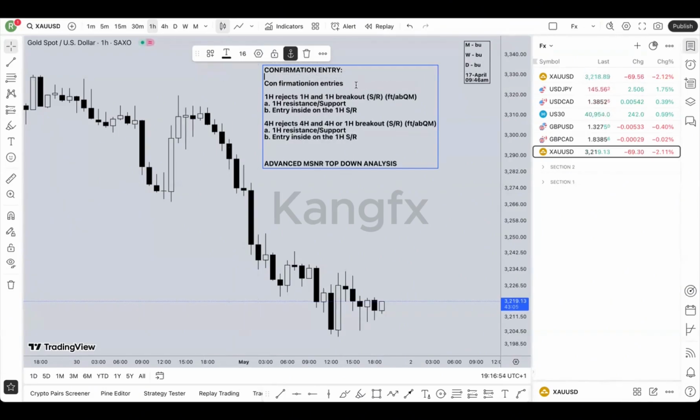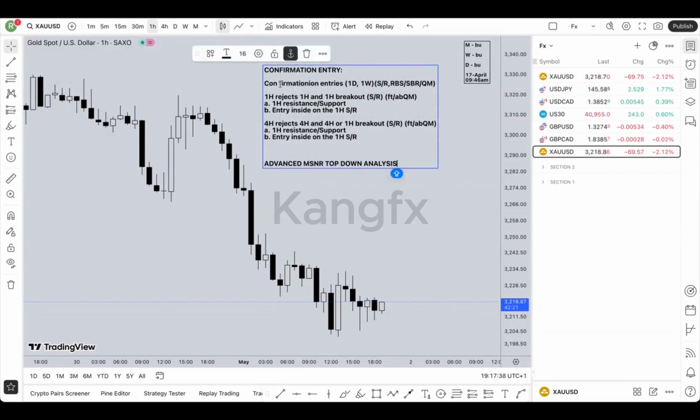For confirmation entries, this rejection, this whole thing that's happening on 1 hour and 4 hour must happen where on daily time frame, weekly, supports or resistance, then RBS or SBR, QM. You get? So this is on confirmation entries.